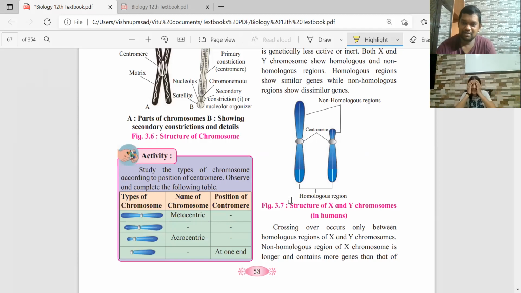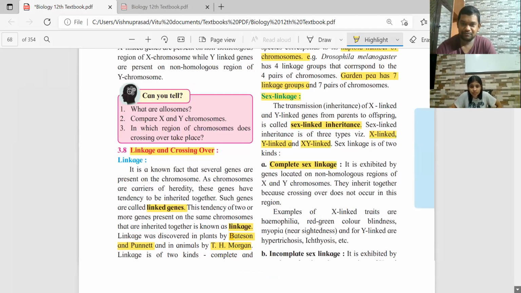In the X and the Y chromosome, a small portion is homologous, having genes of the same type. In the non-homologous region of X and Y, there are genes which are restricted only to a particular sex. Recollect that and understand complete sex linkage.